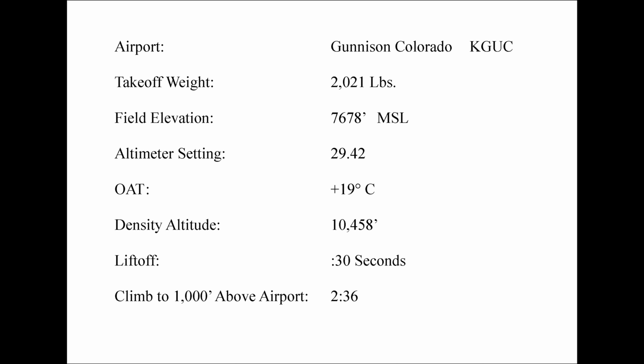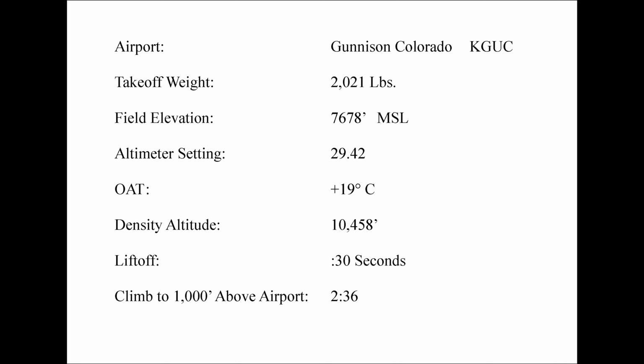In this demonstration, the atmospheric conditions remain unchanged. Altimeter setting, outside air temperature, and density altitude are the same as the previous flight. Density altitude remains 10,458 feet. The only variable we changed was aircraft weight, reducing it from 2,556 pounds to 2,021 pounds. With the reduced weight, performance improved immediately.